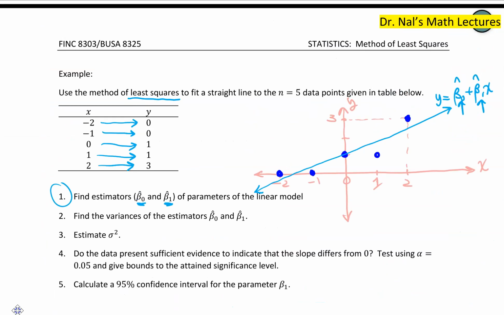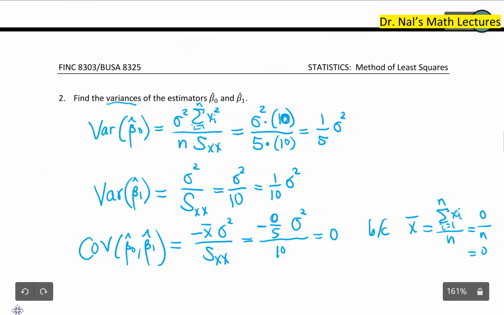After we calculated beta 0 hat and beta 1 hat, this equation came out as 1 plus 0.7x. So 0.7 seems very close to 0. We want to see if that slope is significantly different than 0 at the 0.05 significance level.